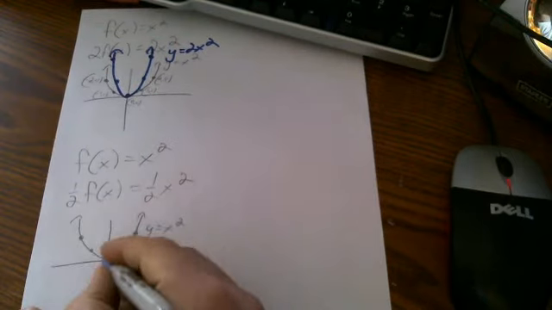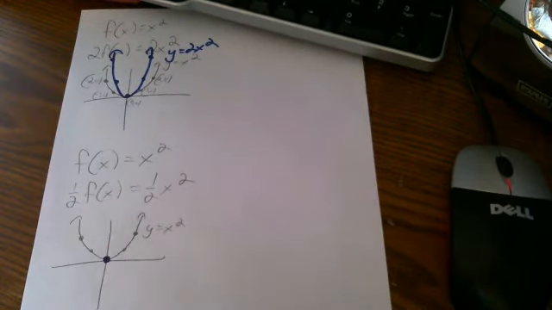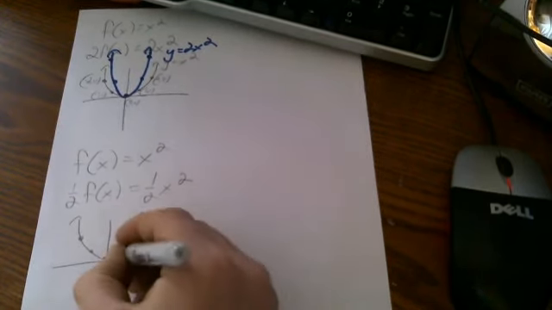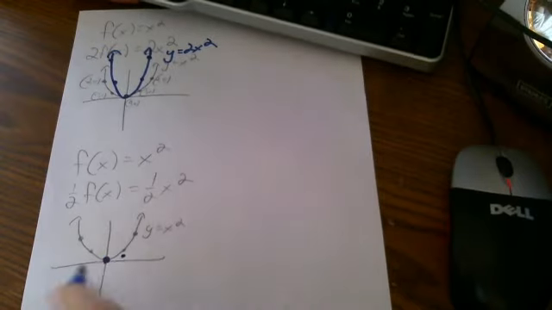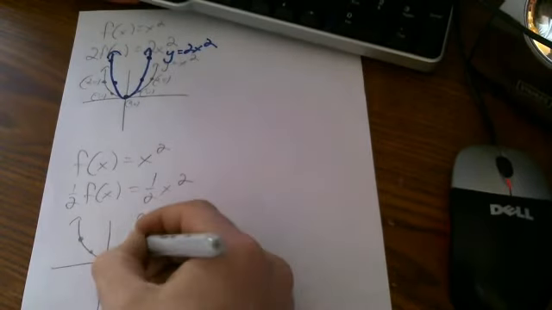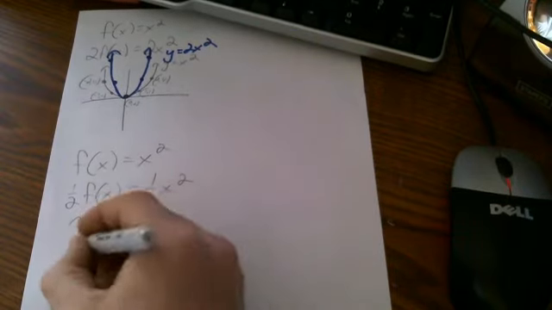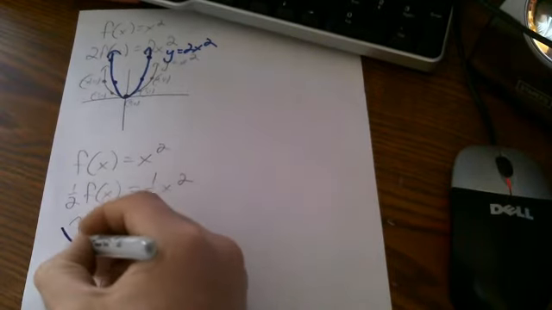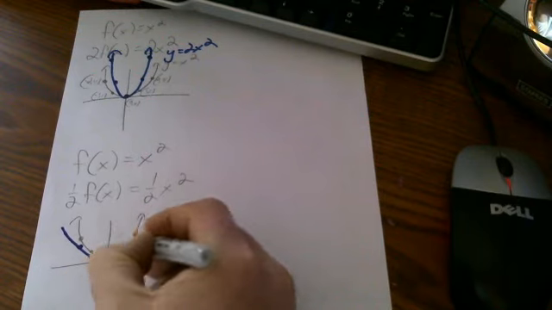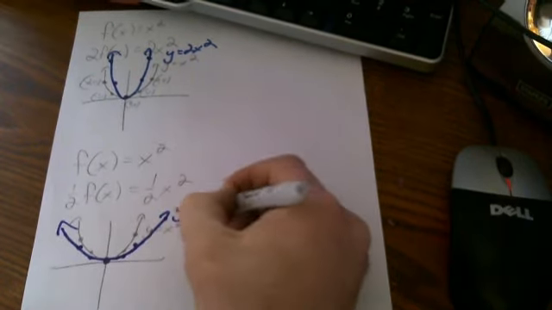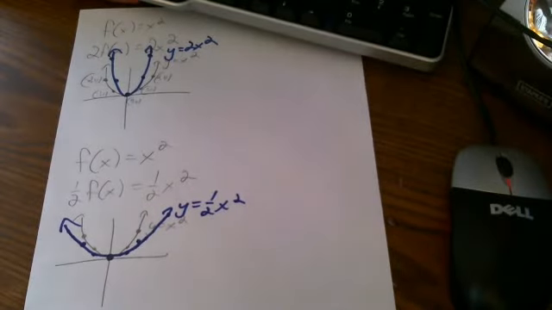So if 0 is my y value, multiplied by half, it's still 0. If 1 is my y value, multiplied by a half. If 4 is my y value, multiplied by a half. And this graph is symmetrical, so now we have a graph that looks like this. One half x squared.